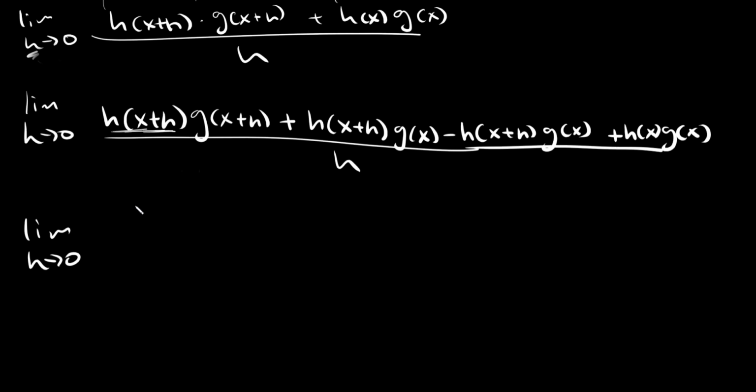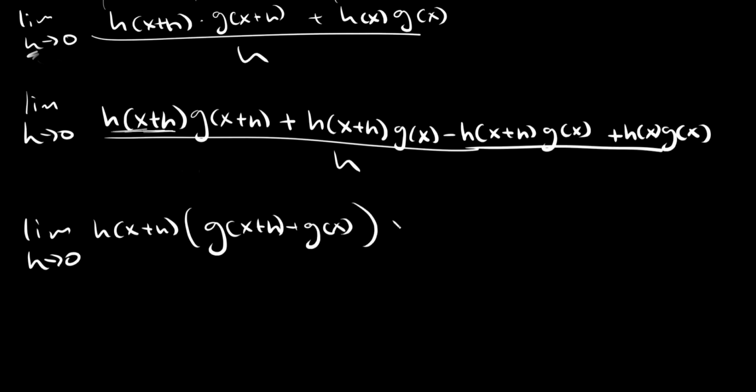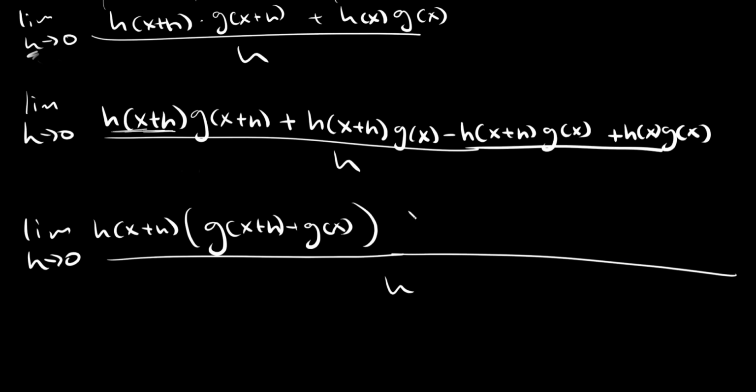Alright, so let's do this. What I can do is factorize my h of x plus h. Factorize it. What I get is g of x plus h, plus h of x. It's all divided by h right here. And let's look at this.